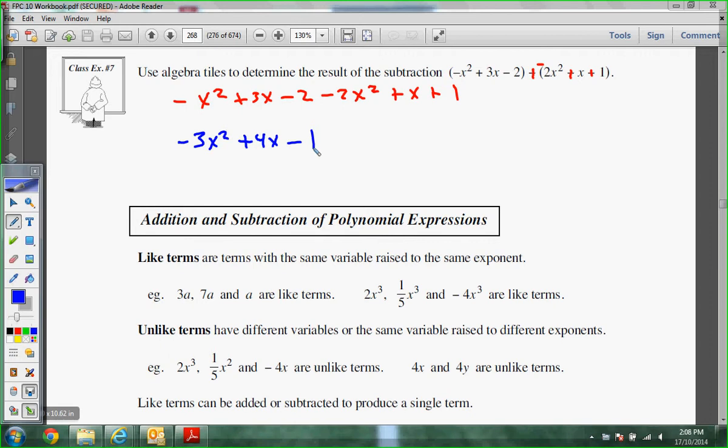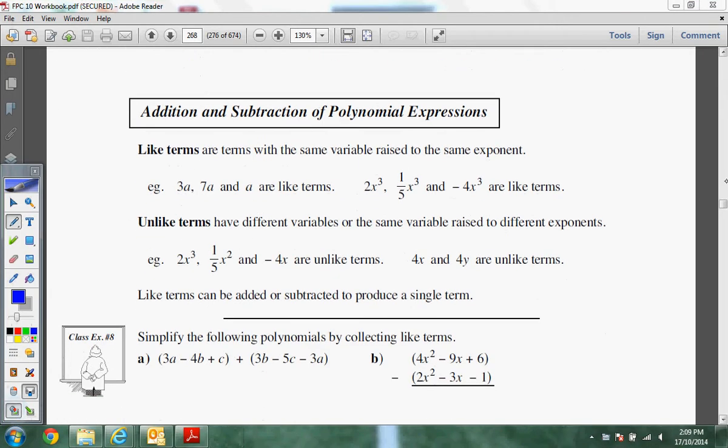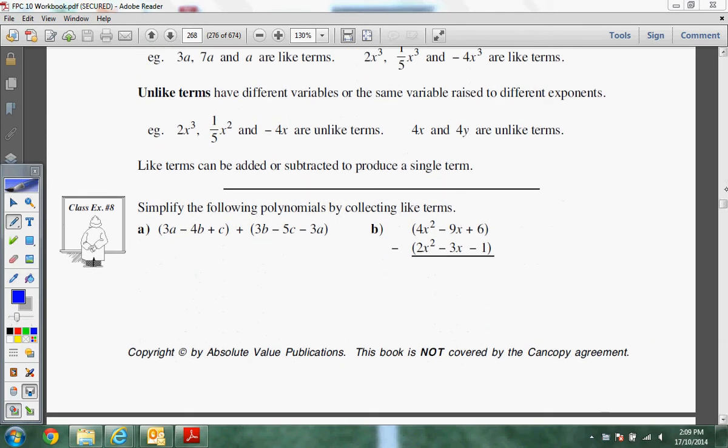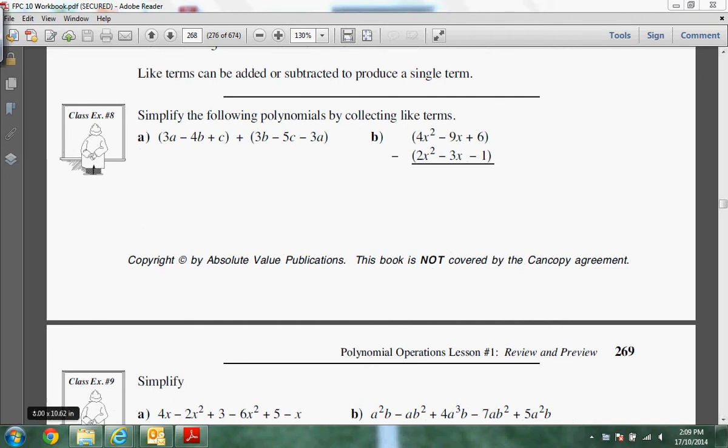All right, last two things. Addition and subtraction of polynomial expressions. We're adding polynomial expressions. I always call it combining like terms. There's no reason to think of it as anything different.